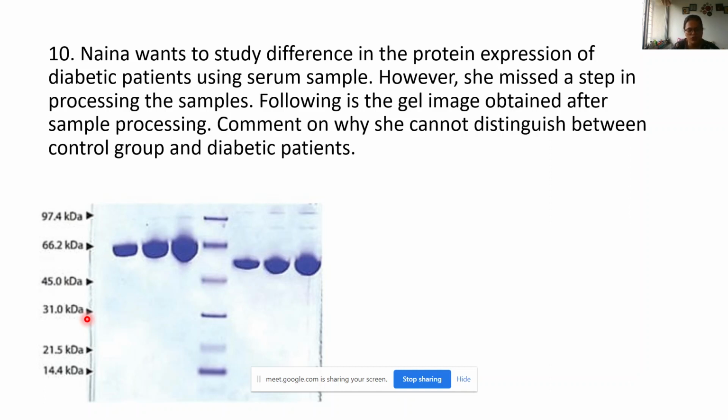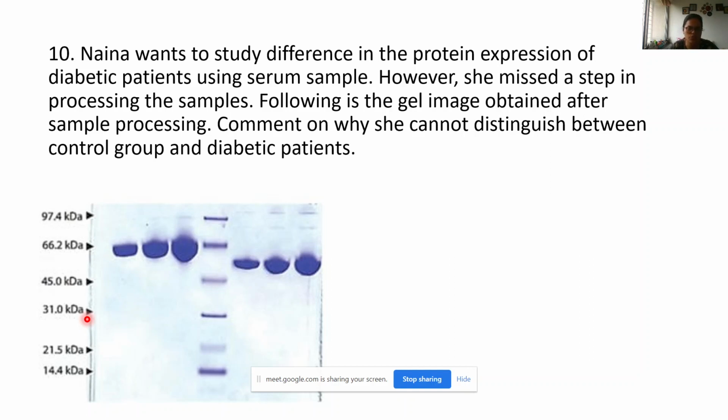Okay, so if you remember, it was discussed in one of the lectures. Whenever you are doing a proteomic study, one of the most important steps is to remove the abundant proteins. In serum and plasma samples of humans, globulins and albumins are very high in concentration.